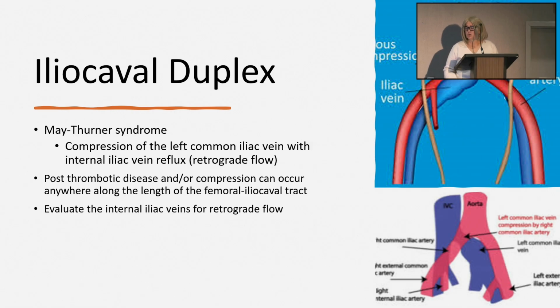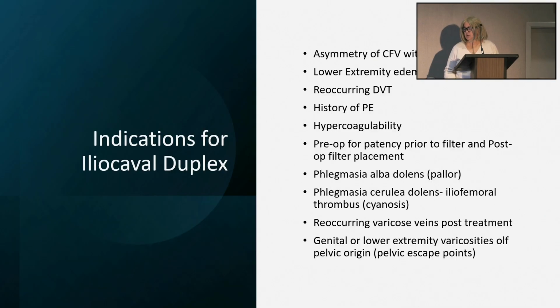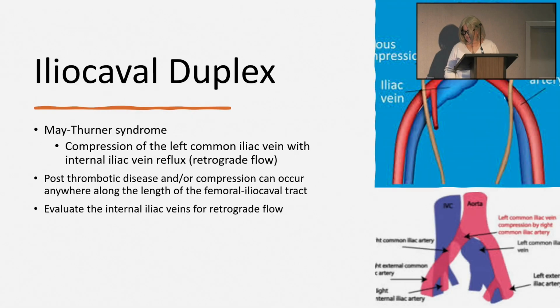So May-Thurner is described as compression of the left common iliac vein. Most often you can see retrograde flow in the internal iliac vein. We have also seen this in our lab now that we've done a ton of these.